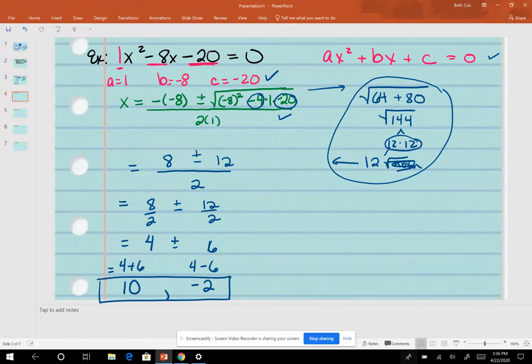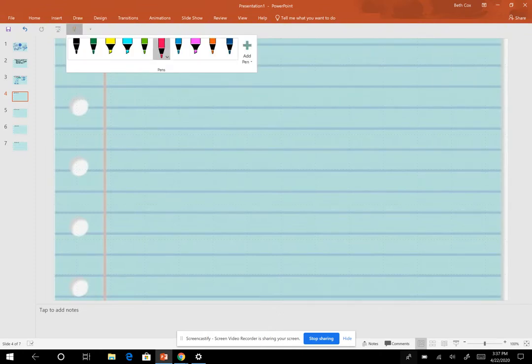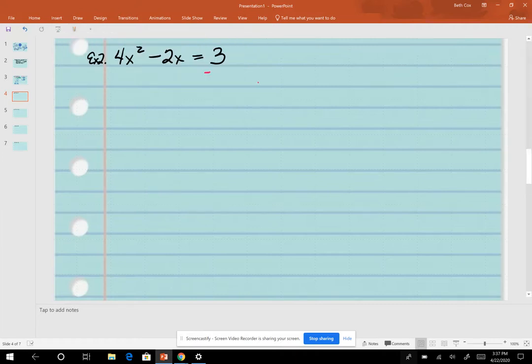Let's do another one. Okay, so we've got to set it equal to 0 first. It's got to say equal 0. So I'm going to subtract 3 on both sides. And it's going to say 4x to the second minus 2x minus 3 equals 0.